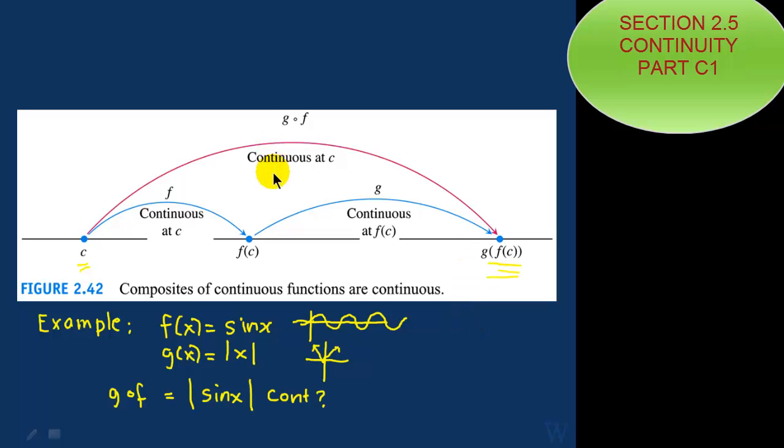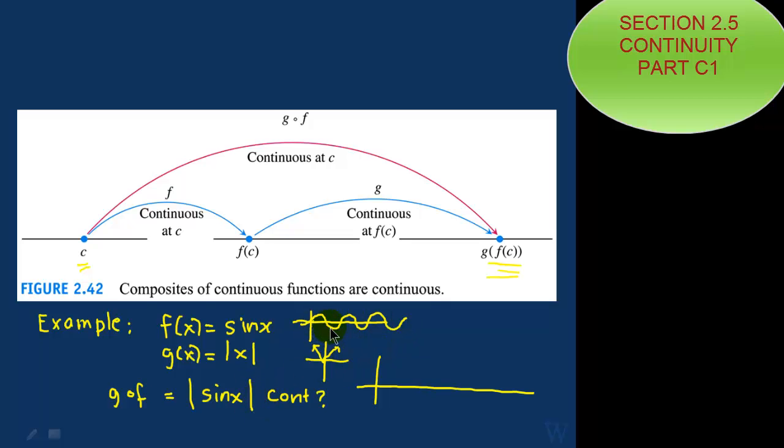Well, based on this diagram, if I have a composition of two continuous functions, then the composition is also continuous. Even if I don't have to graph that, I know that the absolute value of sine of x is continuous. Well, I could graph it. What do you mean by the absolute value of the sine of x?